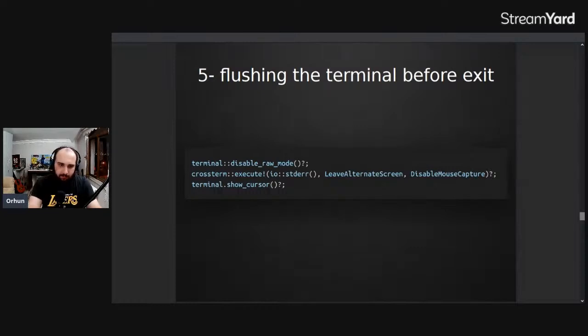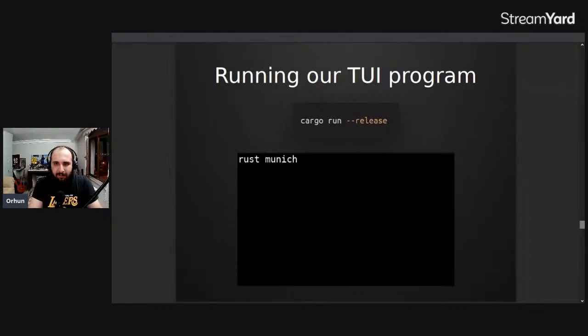Based on the status of visual mode, it disables or enables the mouse capture. So it makes it easier to select and copy values from the TUI when the mouse capture is enabled. And if disabled, you won't be able to interact with your TUI with your mouse, basically. Then that's it, basically. We're just gonna run the TUI program that we have, and it will say Rust Munich, and it was simple as that.